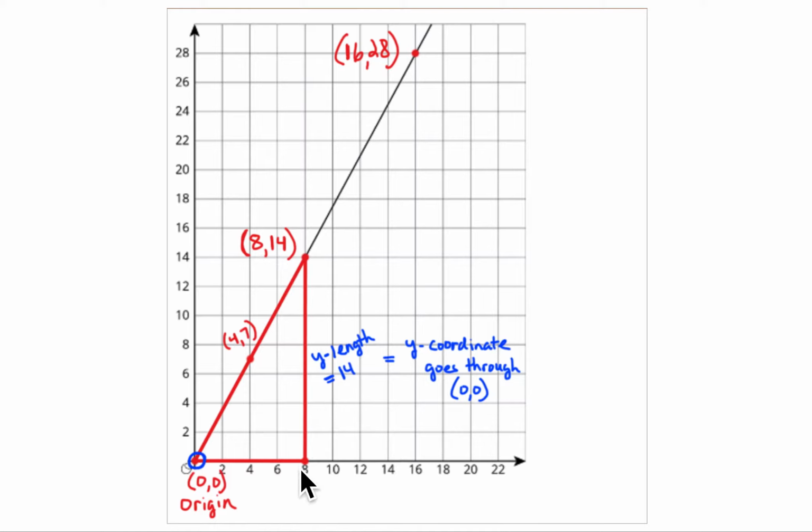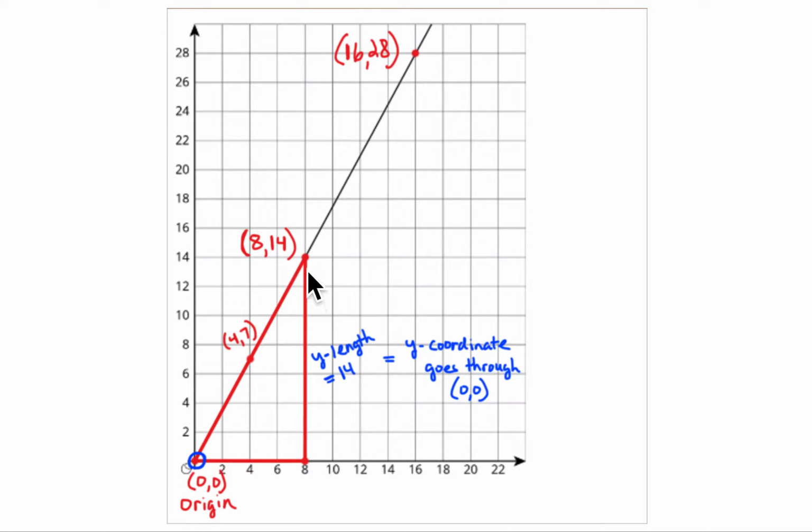And we know that there's no moving of the slope triangle, which makes the graphs and the equations of proportional relationships much easier than what we've been dealing with. Because now the vertical distance is the y-coordinate. So the vertical distance is equal to 14.